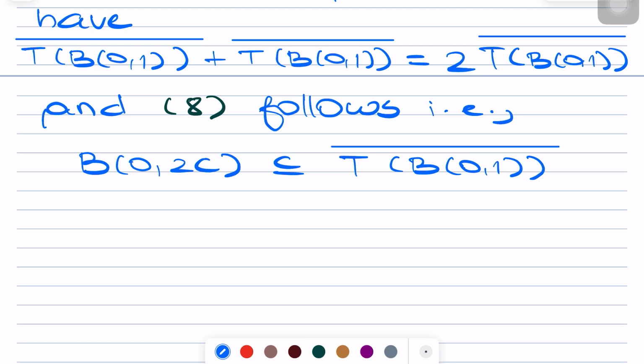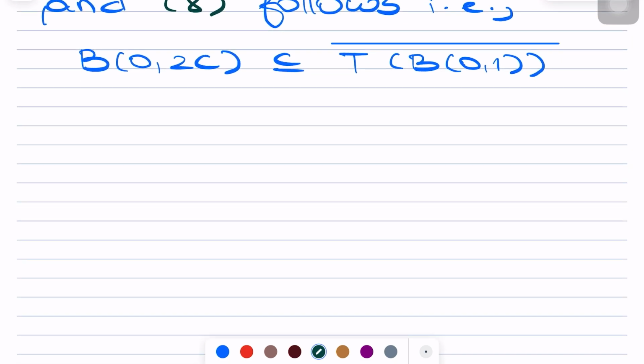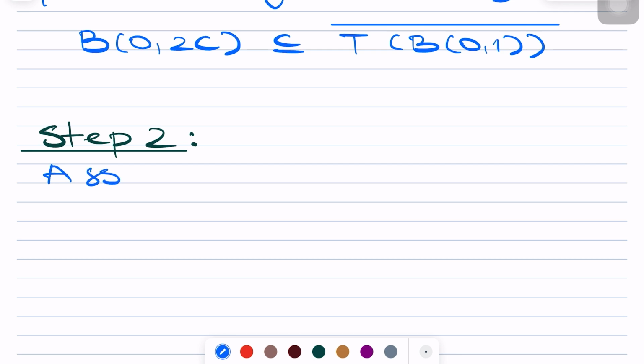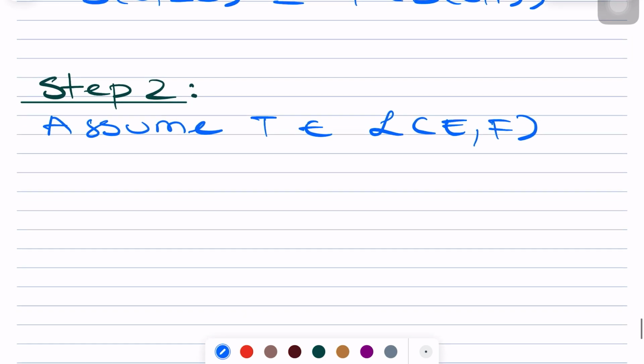In the second step, we assume T is now continuous, a linear bounded operator from E to F that satisfies it.